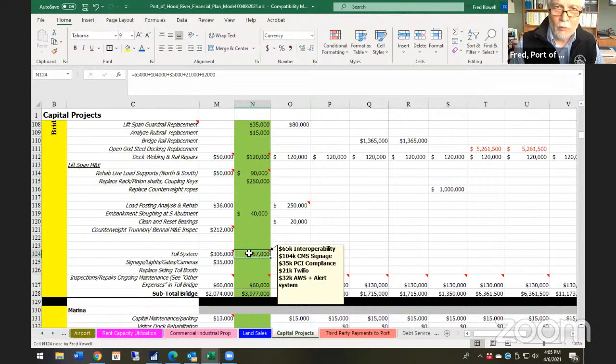Meaning anyone that has a home base, if I'm out of San Francisco and Golden Gate is my home, and I cross that bridge, and I just so happen to come up to Washington and Oregon, and I cross our bridge, the Federal Transportation Department is saying to tolling agencies, you need to start to be able to talk to each other so that if someone from the Golden Gate Bridge crosses Port Hood River, then basically it's an IOU. I send an IOU to their account at Golden Gate, and then Golden Gate passes the money to us.